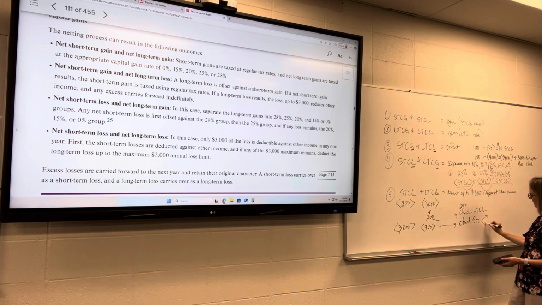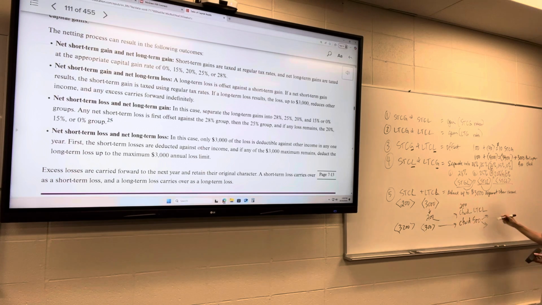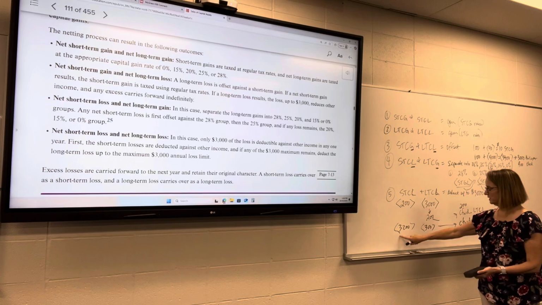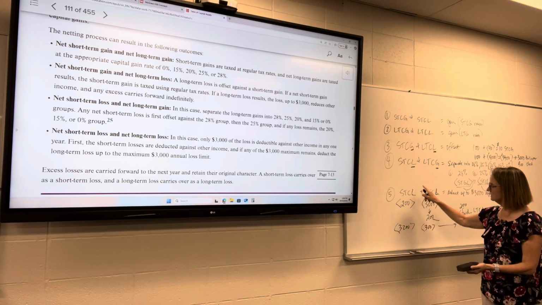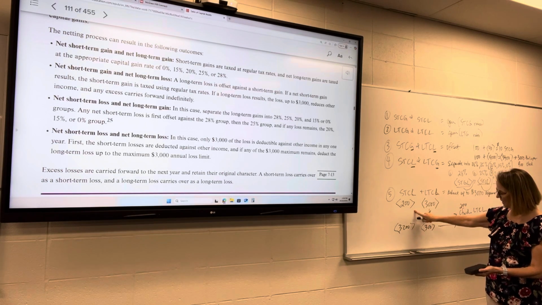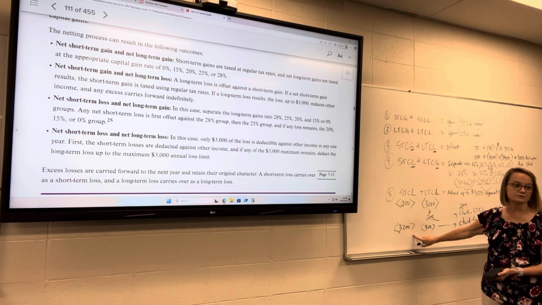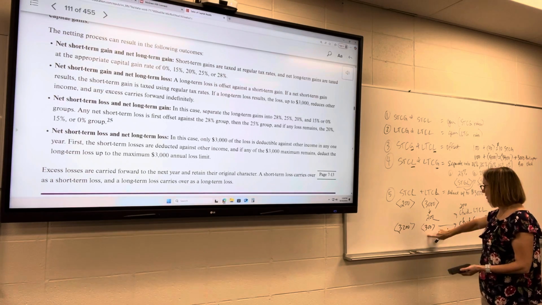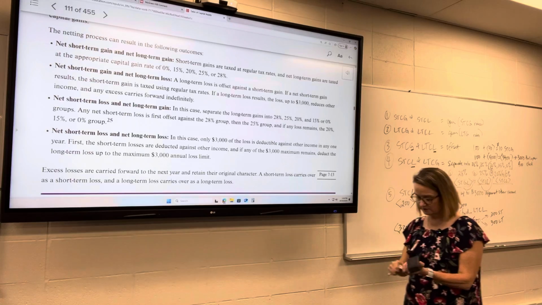Of that $500, $200 would be short-term and $300 would be long-term, because we're going to first offset the short-term losses up to $3,000, and then after that, we're going to offset the long-term losses.